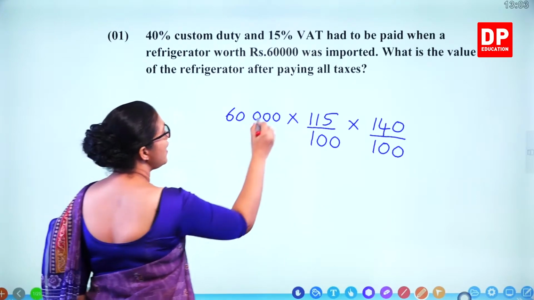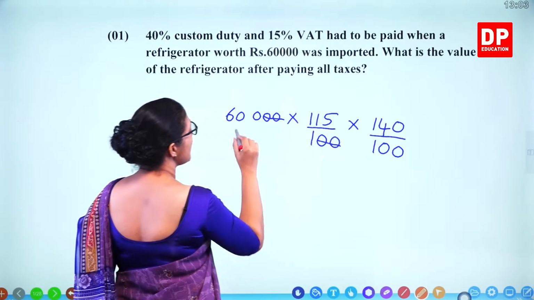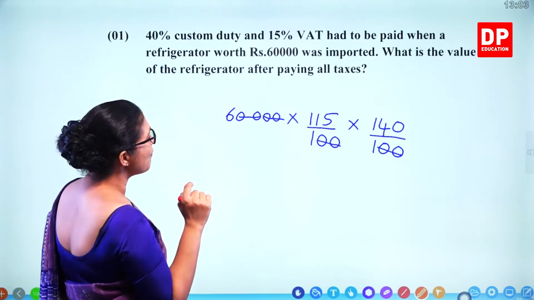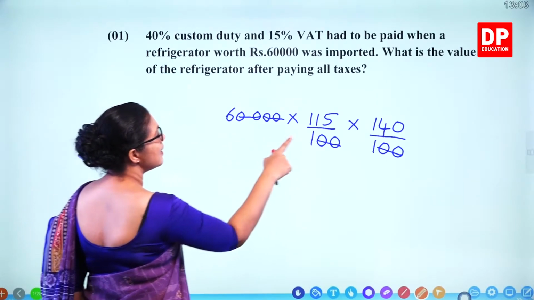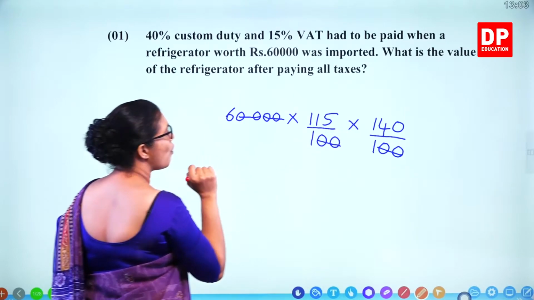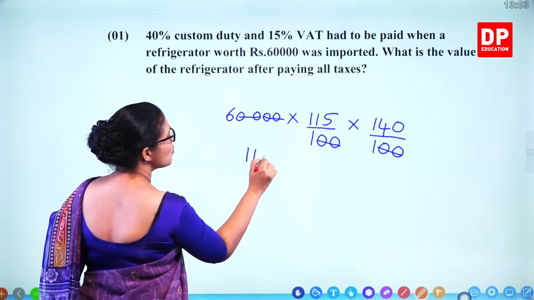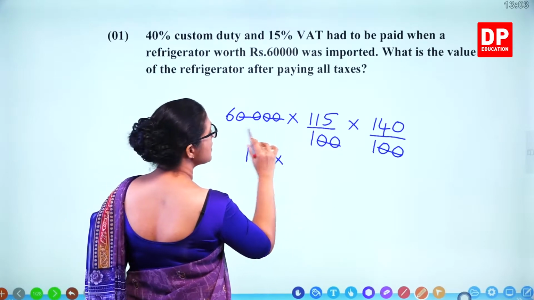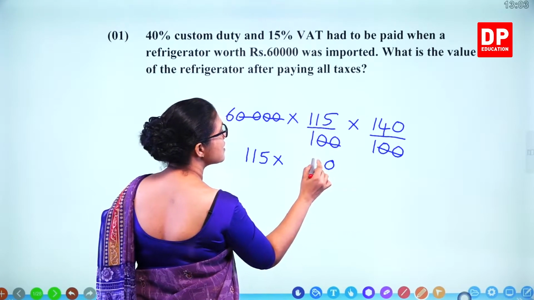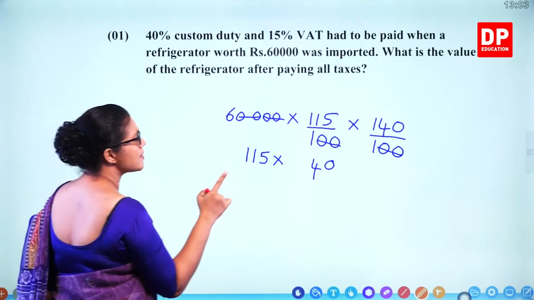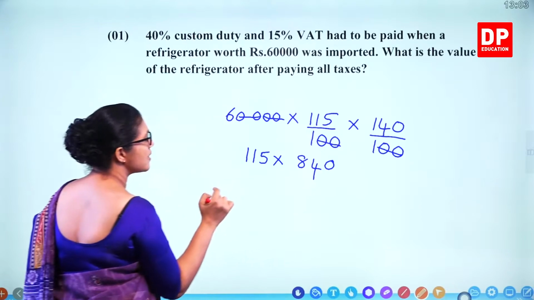So simplify. 2 zeros get cancelled out, 2 zeros here. So that means you have to multiply 6, 115 and 140. So I'll multiply 6 with 140. 6 times 0, 0, 6 times 4, 24, 2 remaining. 6 times 1, 6, plus 2, 8.